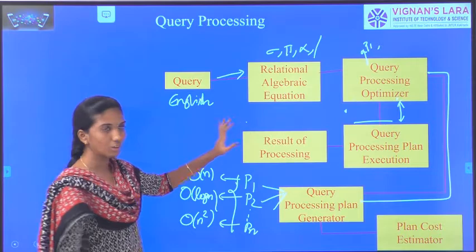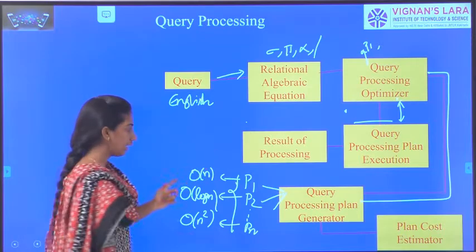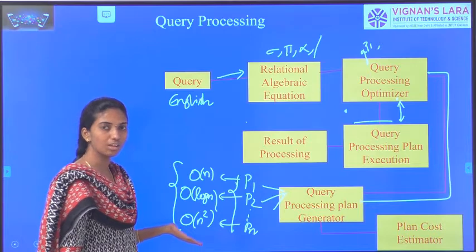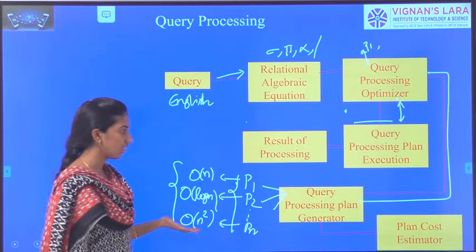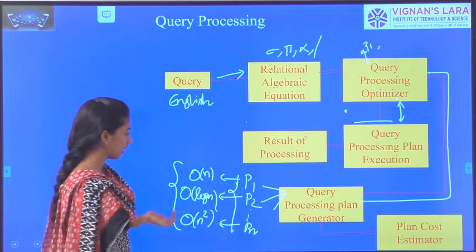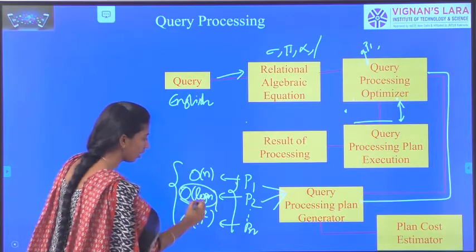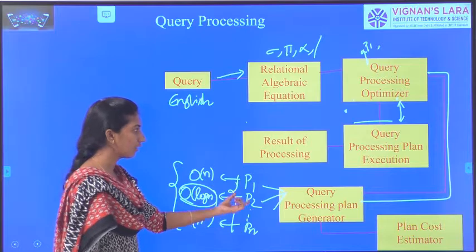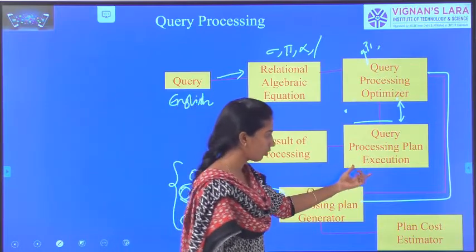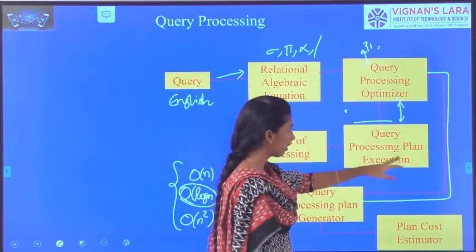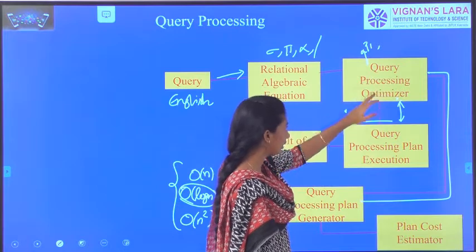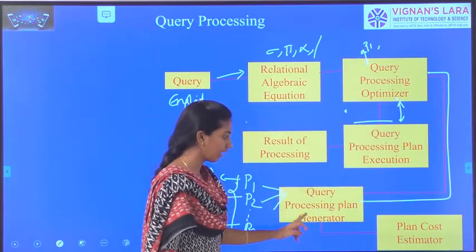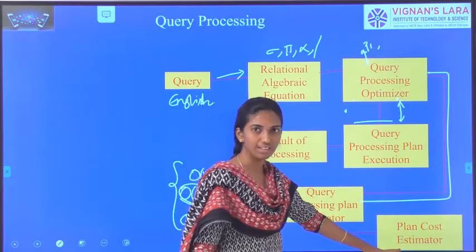Here the result of processing is stored. It is going to identify which plan has the lesser time complexity and the lower cost of execution. Here log n is the least time complexity, so this plan is picked by the query processing plan executor, and whatever result we get is forwarded to the optimizer, then to the query processing plan generator, and then to the plan cost estimator.